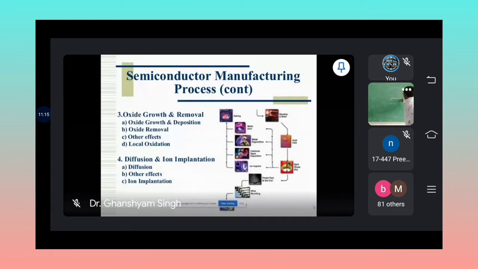Crystal growth. In the crystal growth process, we use the Czochralski technique for making single crystal silicon growth. A solid seed crystal is rotated and slowly ejected from a pool of molten silicon.